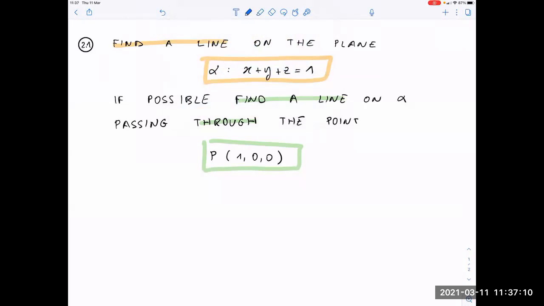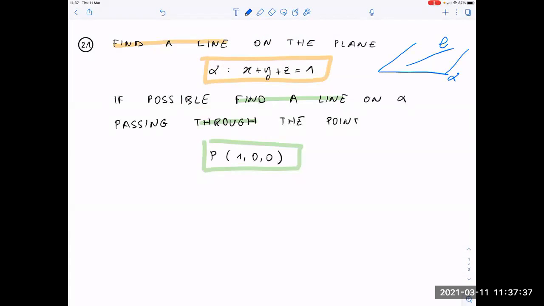Let's say I give you a couple of minutes and I wait for possible answers from you about these two questions. The first one, the orange one, is very simple. Just find any line on plane alpha. I can do that immediately, just by drawing it. Here it is, line L. But that's not enough, right?